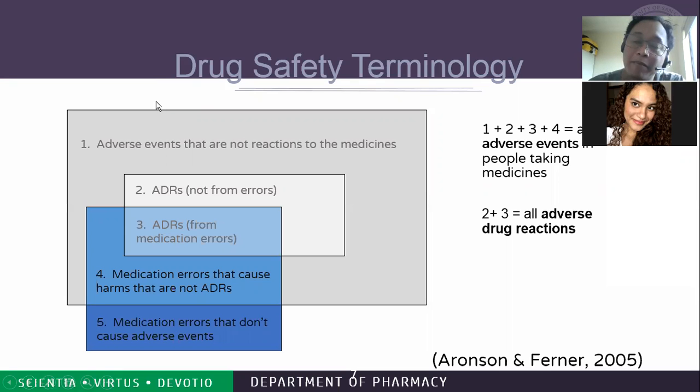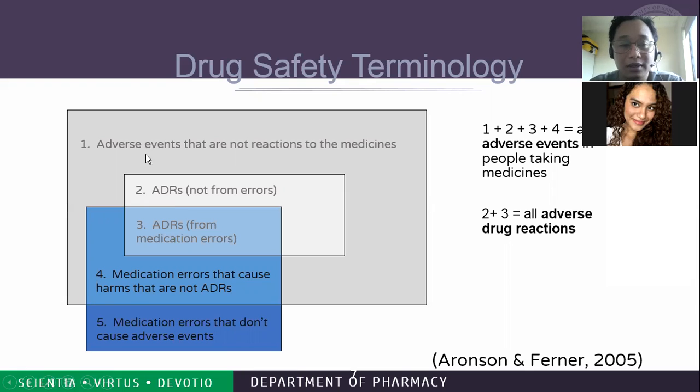So in the next module, usually in the beginning, we detect an adverse event first on the patients. We cannot directly conclude that it is an adverse reaction or an adverse effect.